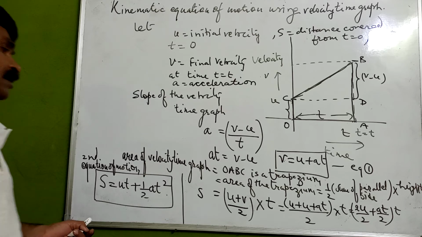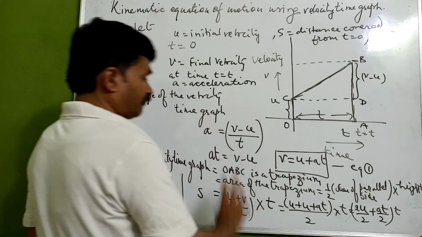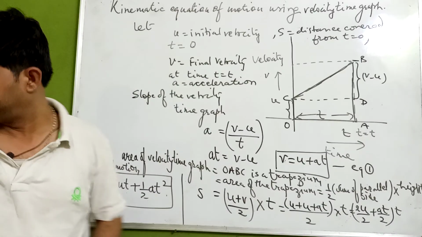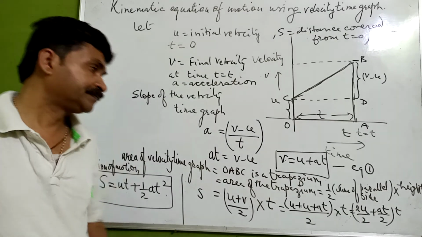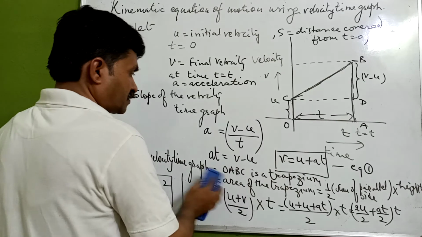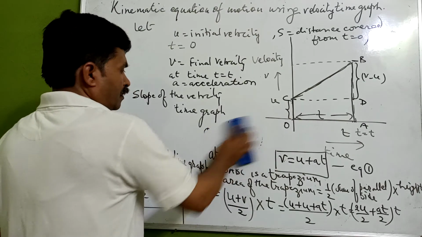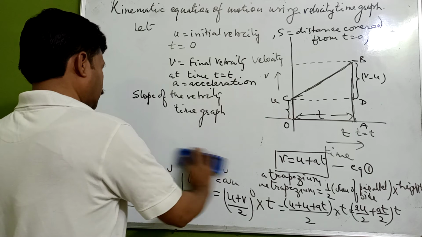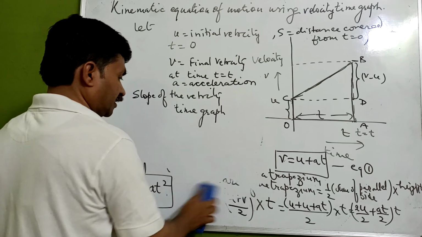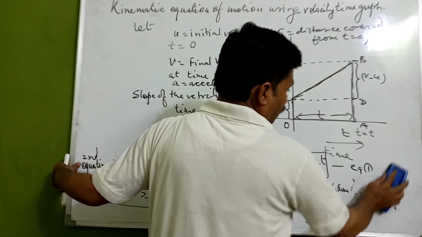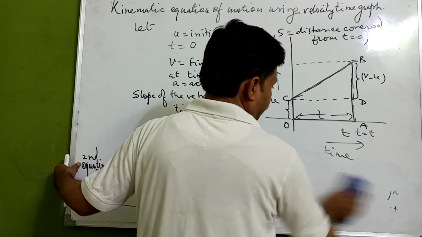Now see here, we have this average velocity and time. Here I am going to derive the third equation. How do we get the third equation, let us see.